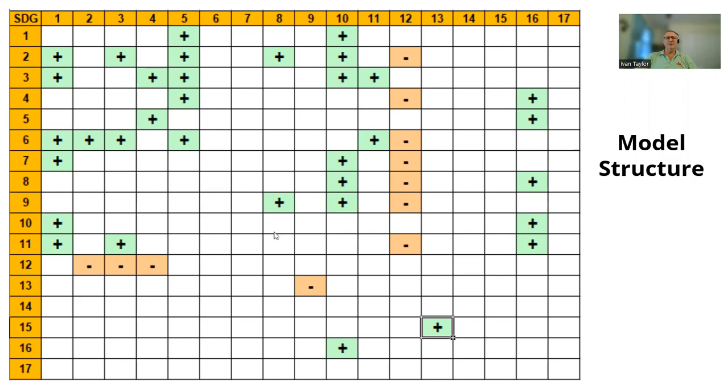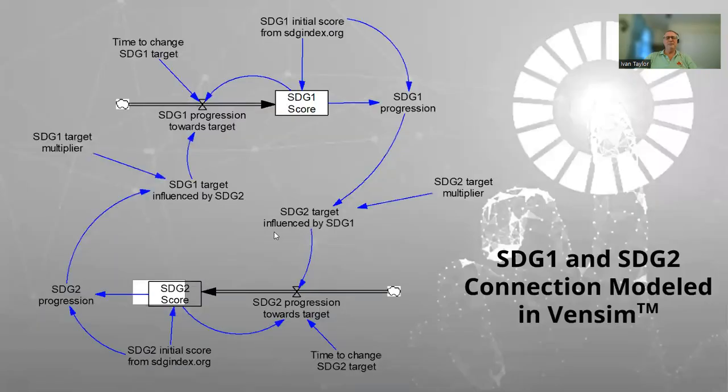So here's a picture of the way the model works with stocks and flows. So each of the scores of the SDGs is a stock, and then we have a flow of the progression towards a target, and we have a target here that changes over time.